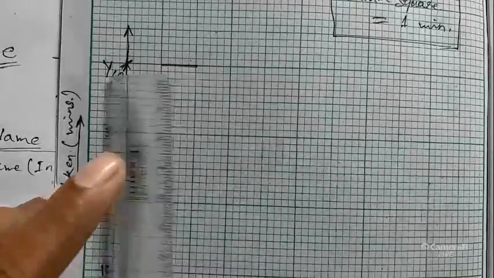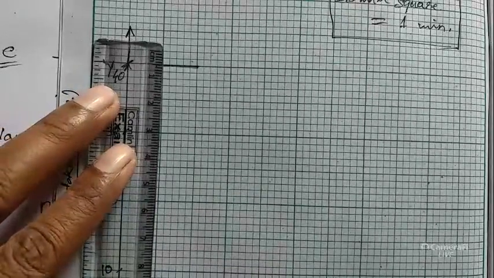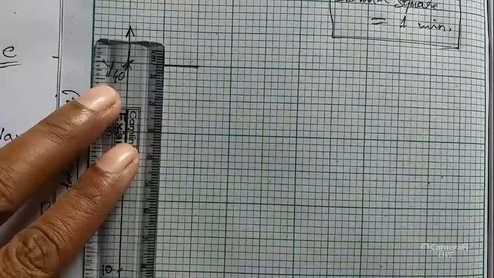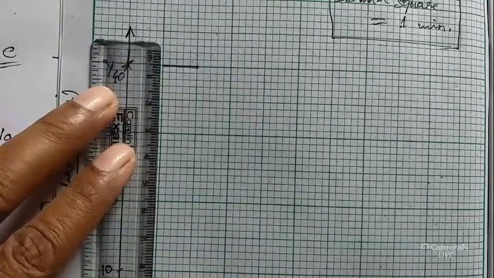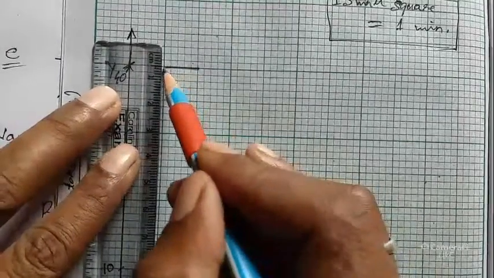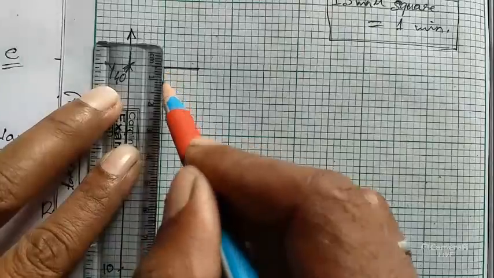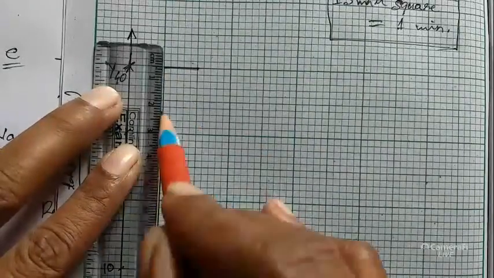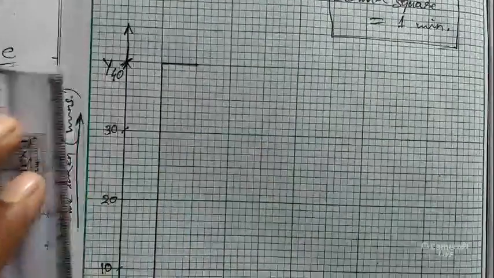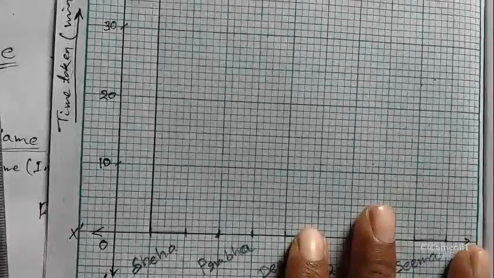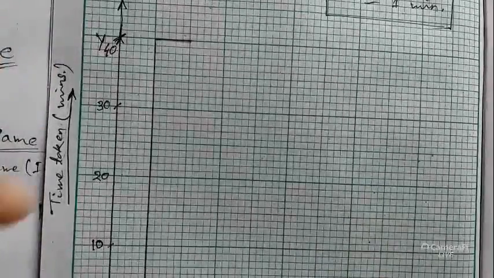Okay, now let us complete the rectangle on the x-axis. This one is drawn for Sneha, and complete the rectangular bar.